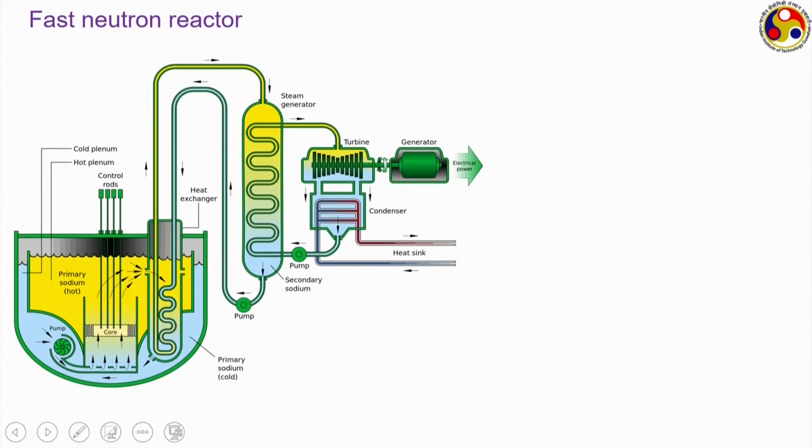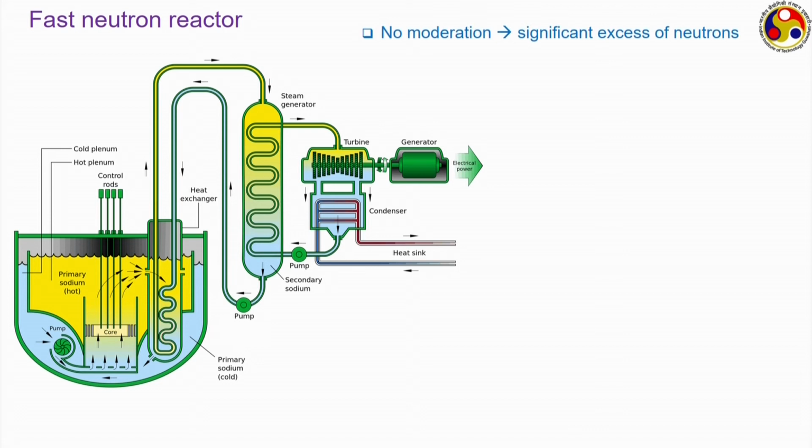And then we come to the last category, which is fast neutron reactor, which truly speaking is not a thermal reactor, rather it employs fast neutrons. Still, for the purpose of completeness, I am mentioning this. Here there are no moderators, because we are trying to use the fast neutrons, and as there are no moderators present, there will be significant excess of neutrons.